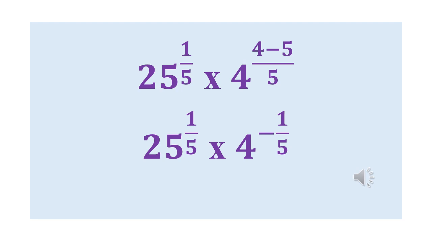What we then have is 25 raised to power 1 over 5 times, we take the LCM of the exponent on 4, which is 5. Then if we simplify that, it will give us 4 raised to power 4 minus 5 over 5. Then 4 minus 5 is minus 1. Then that will give us 25 raised to power 1 over 5 times 4 raised to power minus 1 over 5.